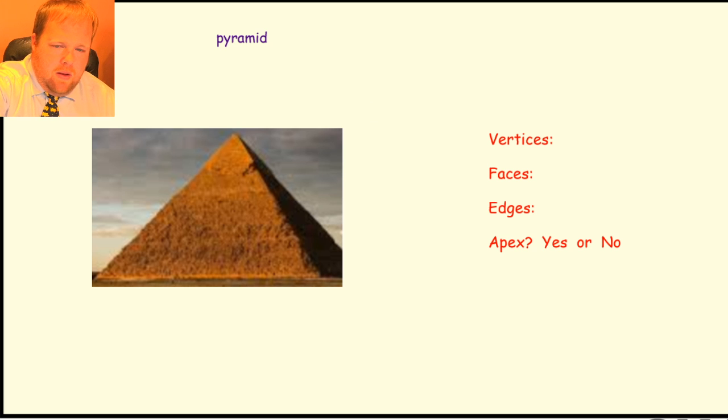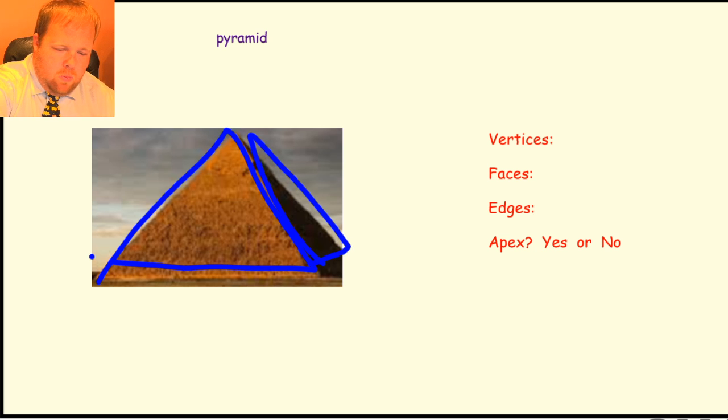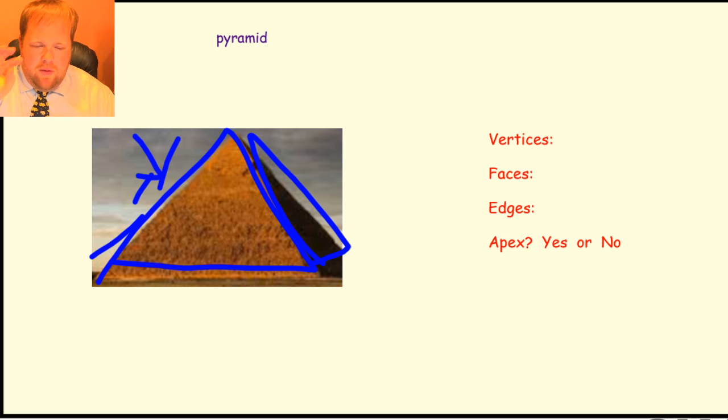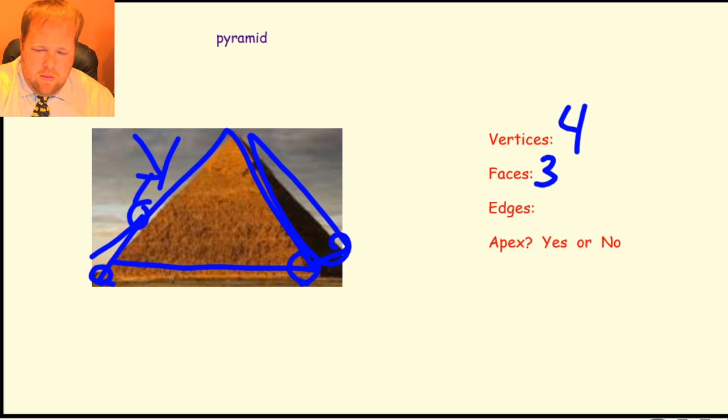Do you see that? 1 face, 2 faces, and then 1 back here. Okay? So 3 faces, 1, 2, 3, and then 1 back here. 4, it would have 4 vertices, 3 faces.